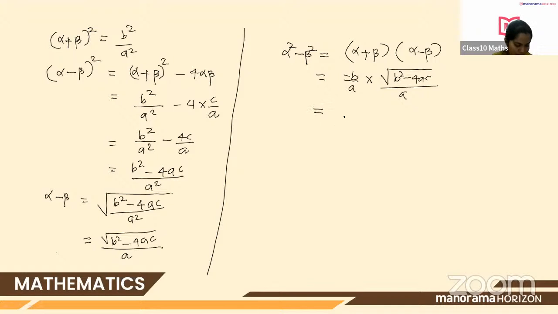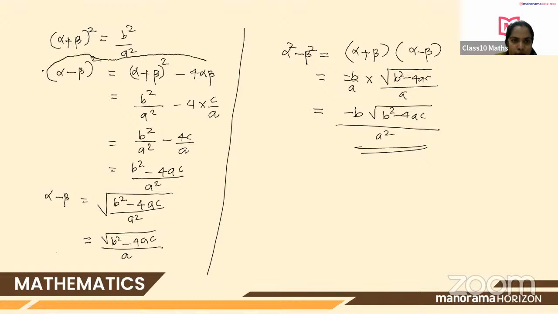So which is equal to minus b root of b square minus 4ac divided by a square. Here is the problem, for this equation. This is for a minus b the whole square. The expansion is a square minus 2ab plus b square, is it?